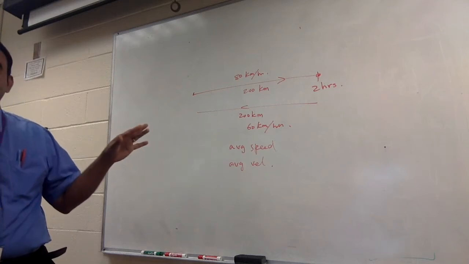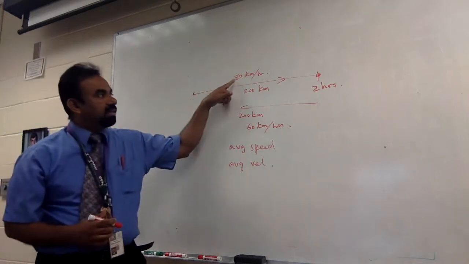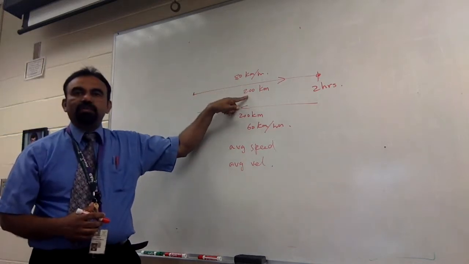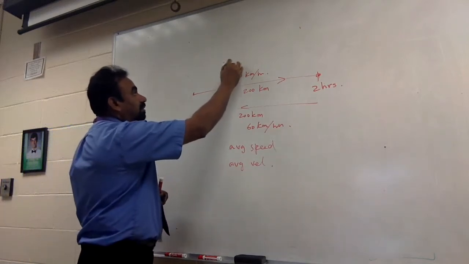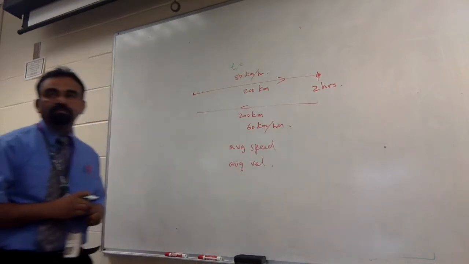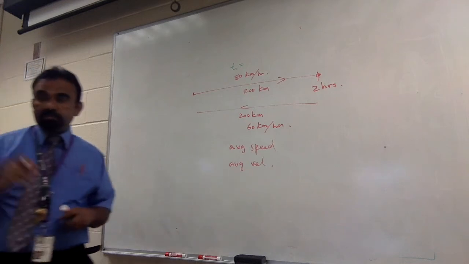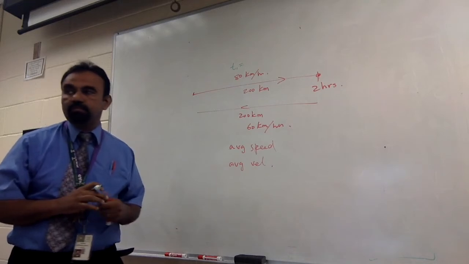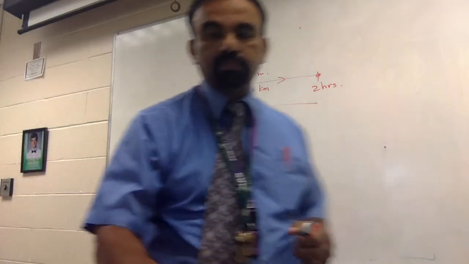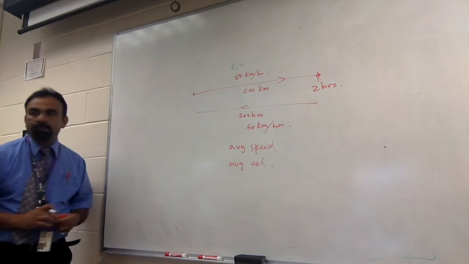So this you should be able to do now without much of an issue. Okay? 80 kilometers per hour, going 200 kilometers. So you should find out the time. What time is it here? What time?